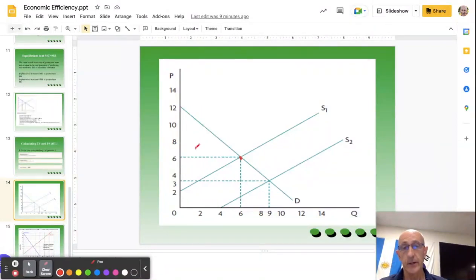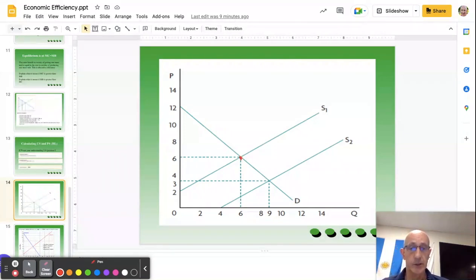So we've got an area here of 18 for the consumer surplus. That's this triangle here. Then for producer surplus, we do a similar thing. Here we do the price, which is 6, minus the point of intercept of the supply curve, which is 2. So 6 minus 2 is 4, multiplied by, again, 6. 4 times 6 is 24, divided by 2 is 12. So we've got an area of 12 for the producer surplus currently.